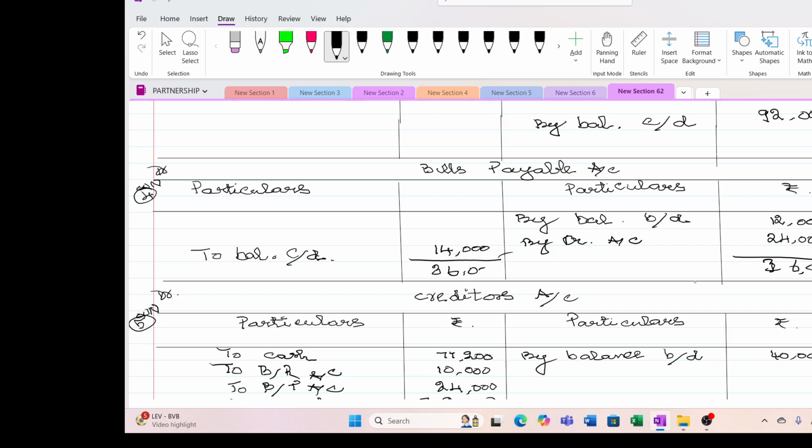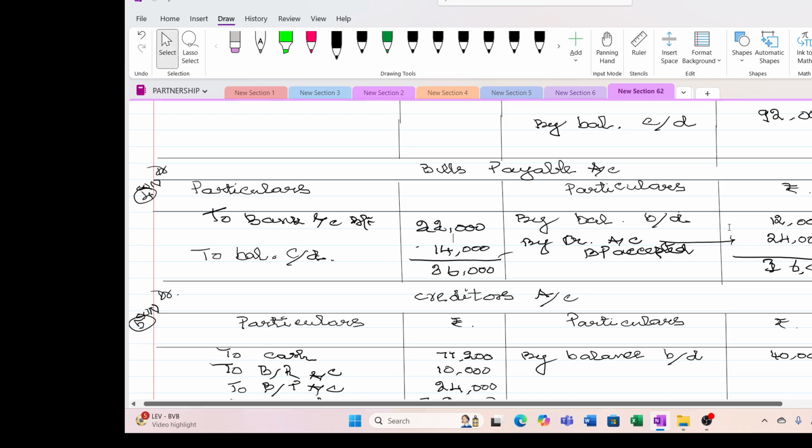Here also, see here, you have the opening balance, you have the closing balance, you have the creditors account, bills accepted. This is bills payable accepted. So what would be the balance? The balance would be the amount paid for bills payable account to the bank account. This will be your balancing figure. Bank account, this is the balancing figure, 22,000.